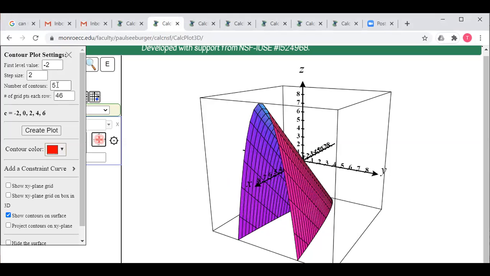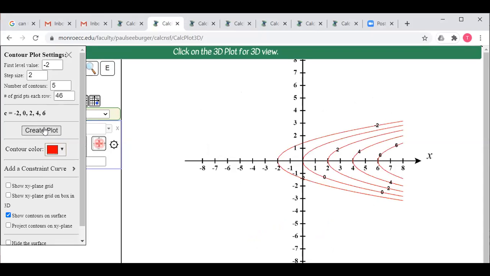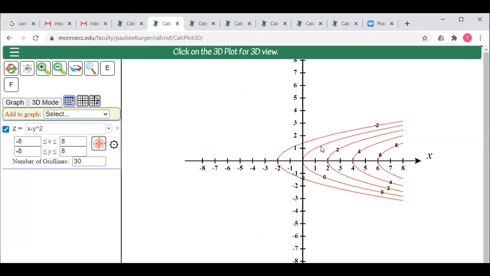How many do I want? You have negative 2, 0, 2, 4, 6. Then you can change the color of those and create a plot. See here, that is what your level curve looks like. If you have the software, it will be pretty easy to help you do that.